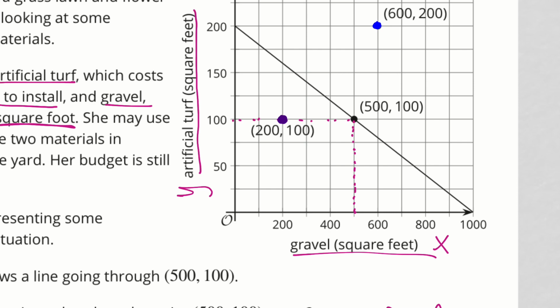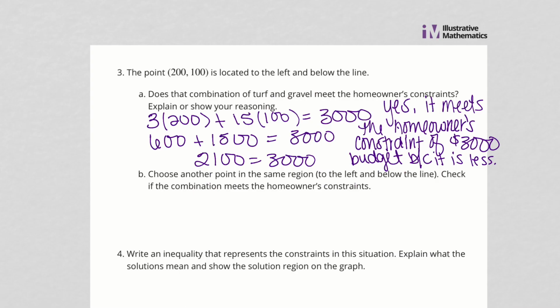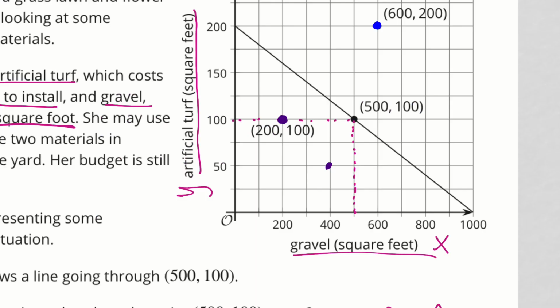So I don't think I want to do that because that's not realistic. But let's see, we already did 100. That one's easy. Let's do 400, 50. Did I do that backwards again? I did. 400, 50.